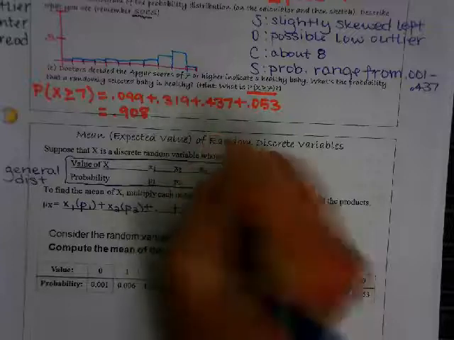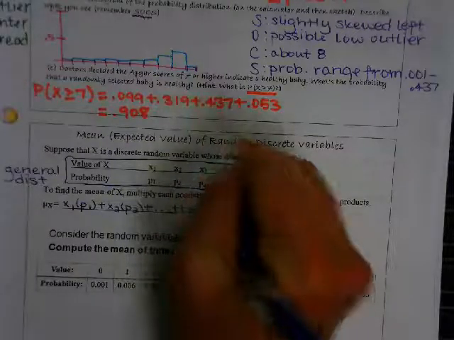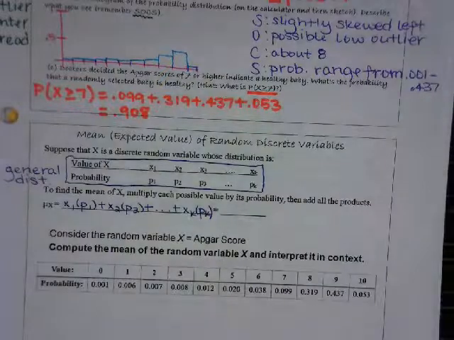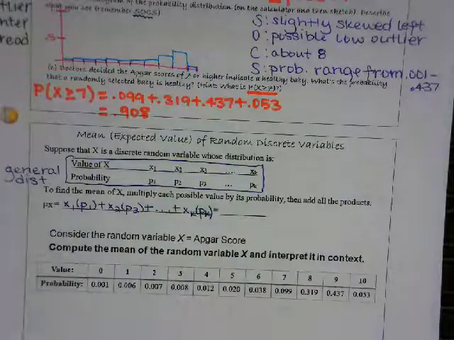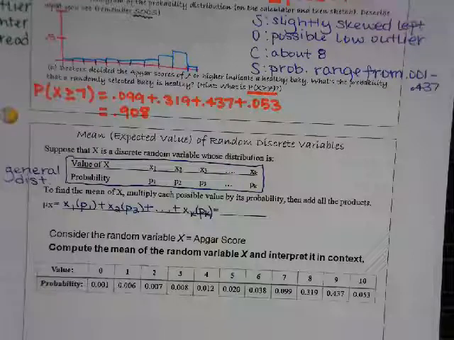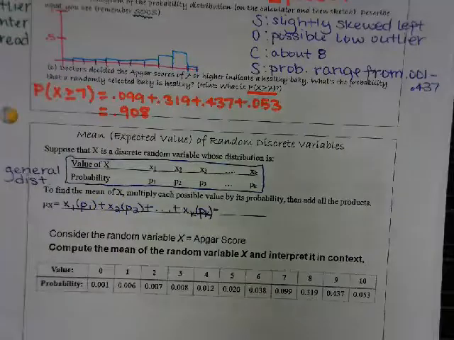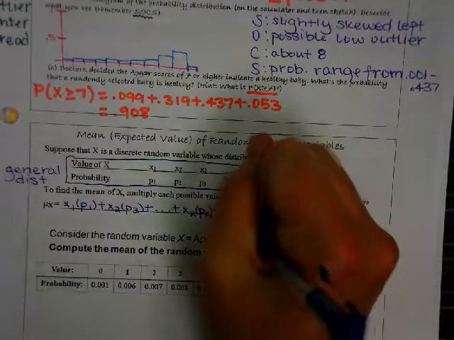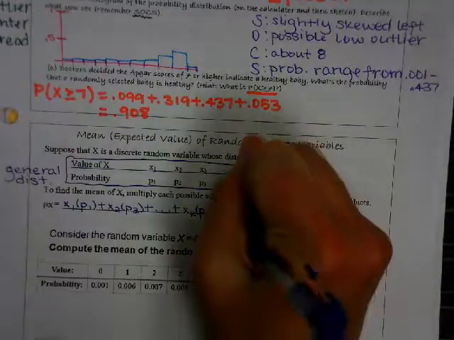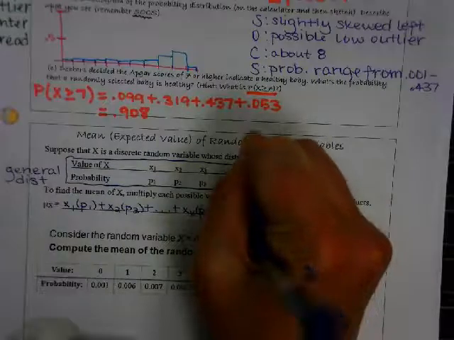Rather than writing out all of those things added together, we have our summation notation. So we use the capital sigma. And then we would have our x values, and they use i, meaning the index.